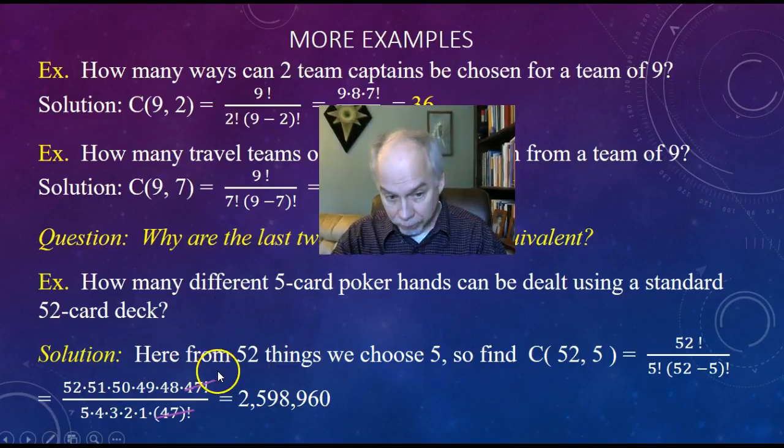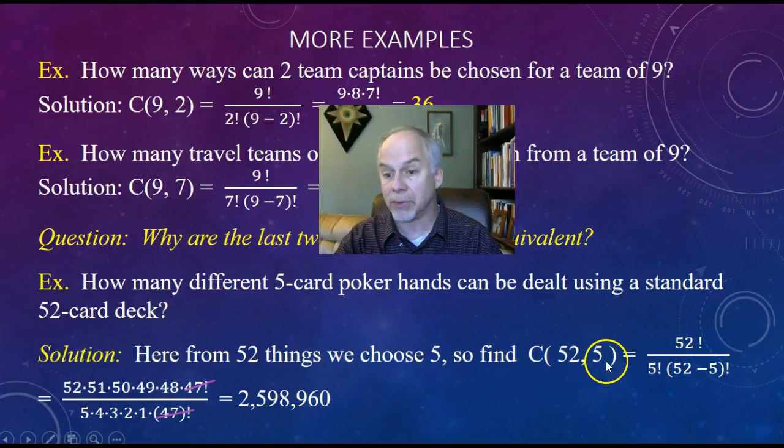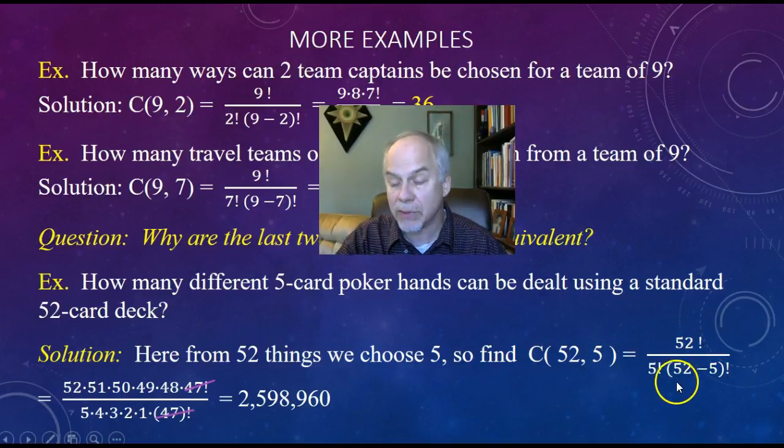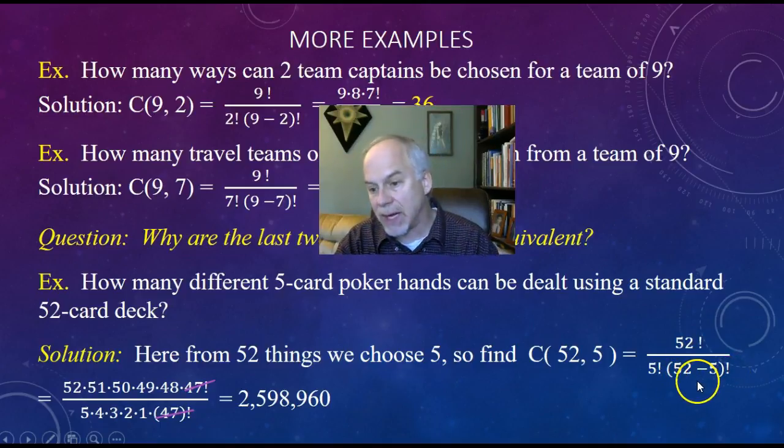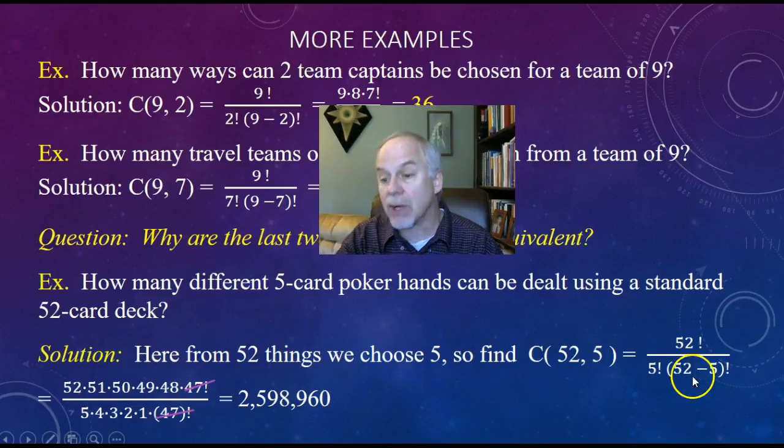And so we're choosing from 52 things, we're choosing 5 things. So this is combinations of 52 choose 5. So 52 factorial over 5 factorial times (52 minus 5) factorial. Now 52 minus 5 is 47. So on the bottom we have 47 factorial.